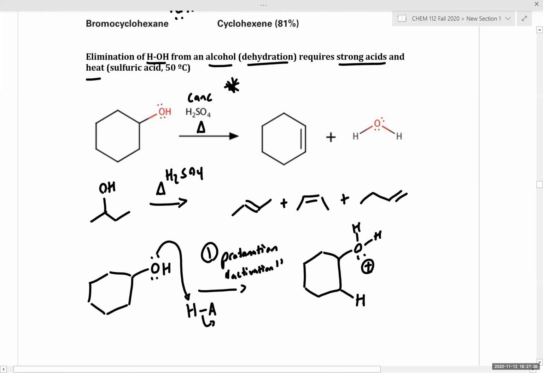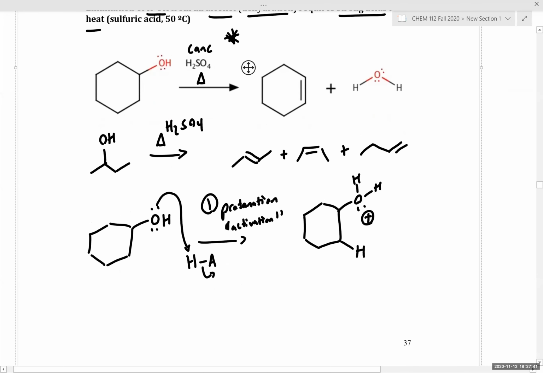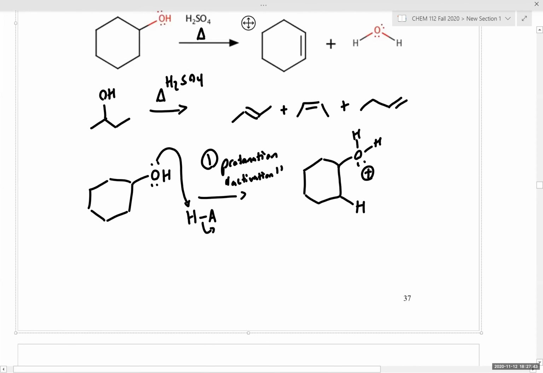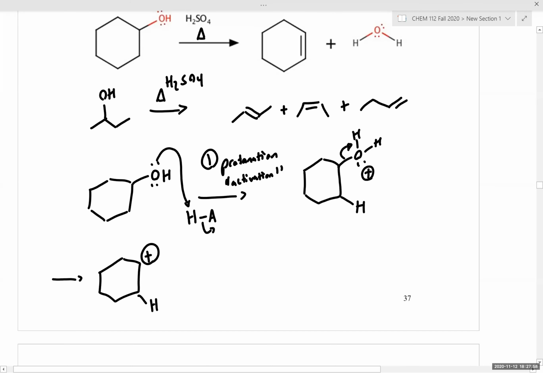Now that we've generated the following protonated species, the alcohol then leaves and we generate a carbocation. Once our carbocation is generated, all we have to do now is water just pulls off a proton and we eliminate and form our alkene.